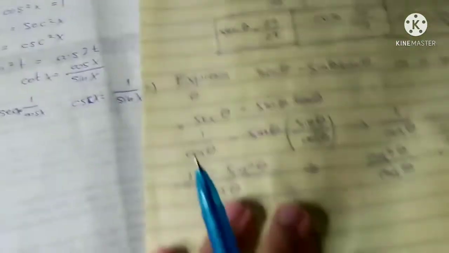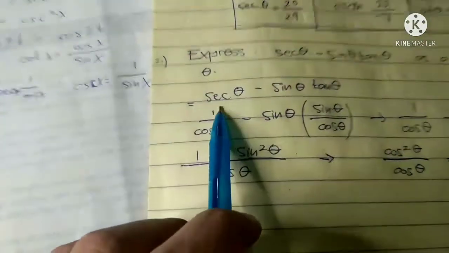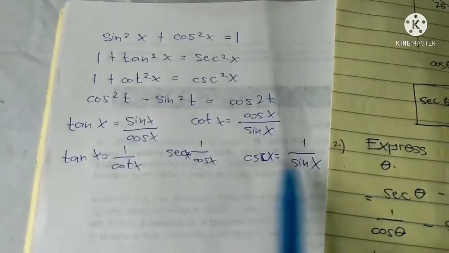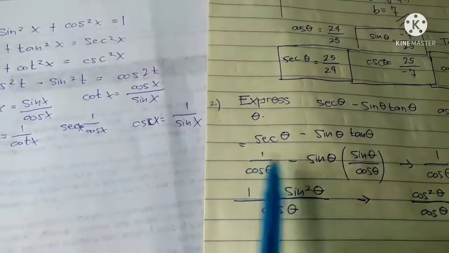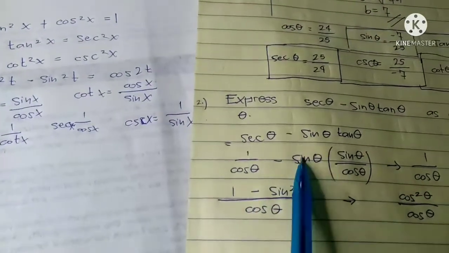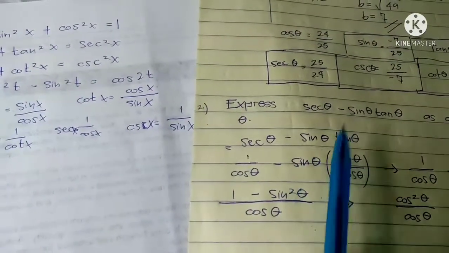As you can see here, our secant theta is 1 over cosine. So our secant theta is 1 over cosine minus our sine theta multiplied by our tangent theta.